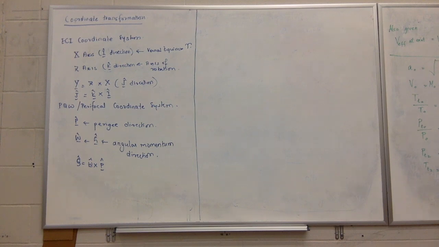If you do k cross x, you get the other one. So you define a plane and you define an axis in the plane, at least one direction in that plane. Is that just a random axis? No, this is not a random axis.